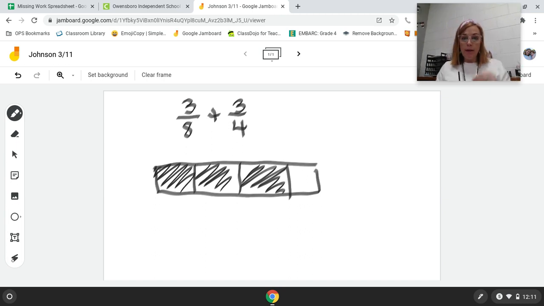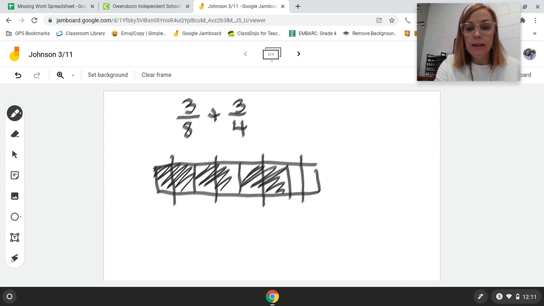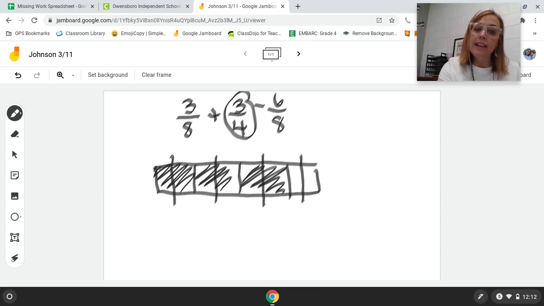Now, if I want to make my 4ths into 8ths, what would I have to do? Well, I would have to divide or decompose each one of these pieces in half. And now if I count, I've got 2, 4, 6, 8 total pieces. And how many 8ths do I have? I have 2, 4, 6, 8. So I know that 3/4 is equivalent to 6/8.